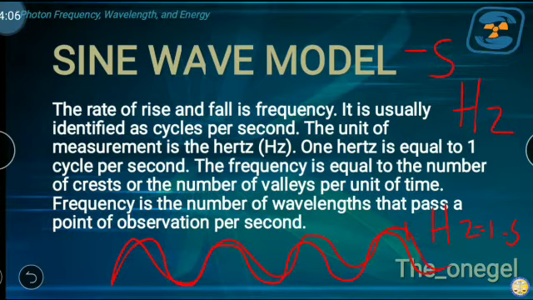So, therefore, we can say that this is the frequency of the electromagnetic radiation. Frequency is the number of waves or wavelengths that pass a point of observation per second. Kaya nga, sabi nga dito, this is the rate of rise and fall of a wave. Okay, so yun, that is the frequency. Rate of rise and fall, or therefore, this is the oscillation per second.